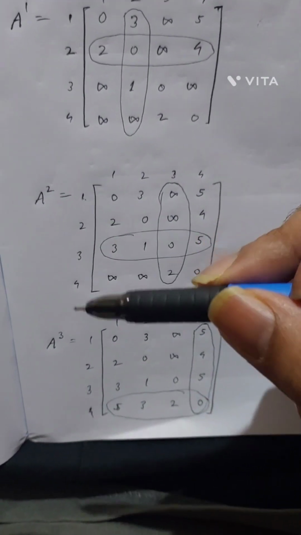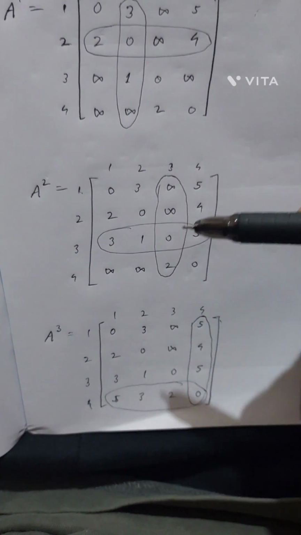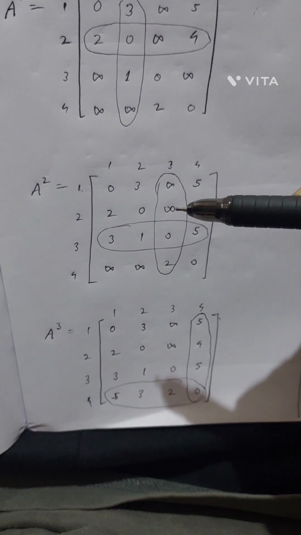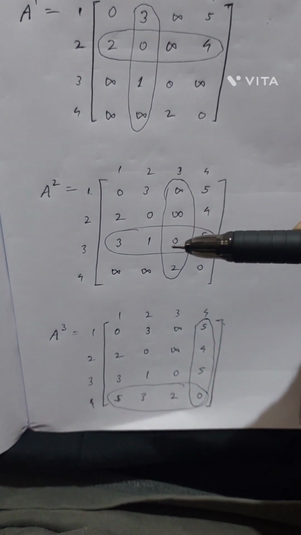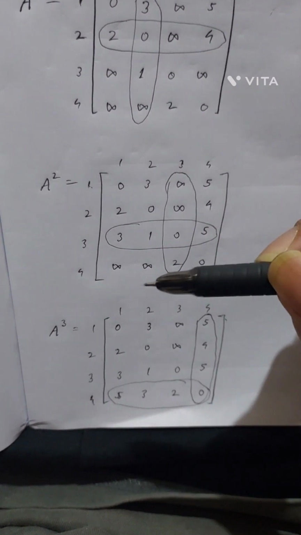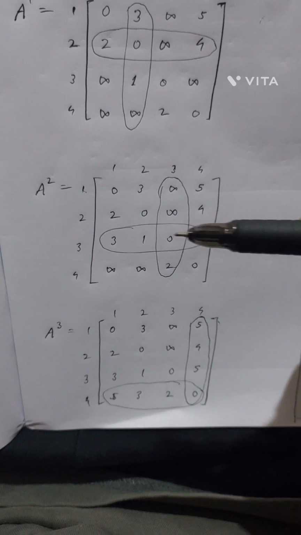Now for A3, we fix the third row and the third column as they are in A2. So we take the minimum of each weight with the path via vertex 3.